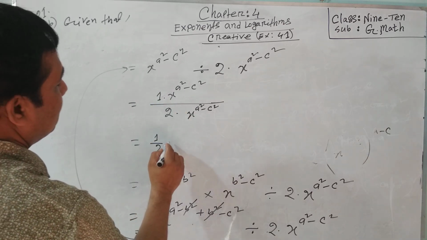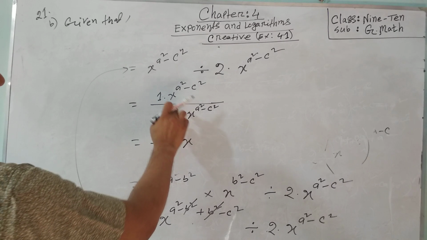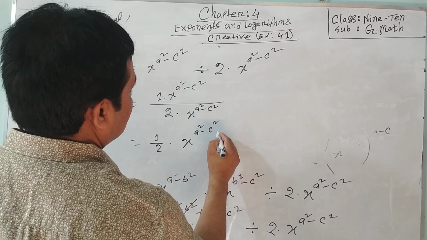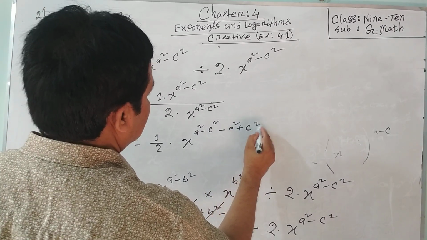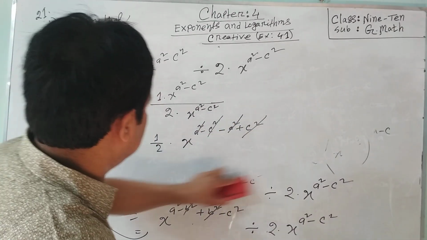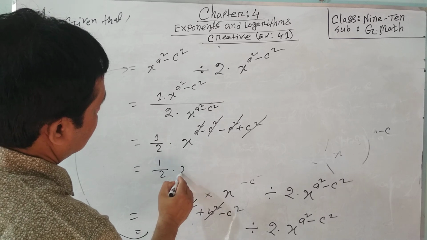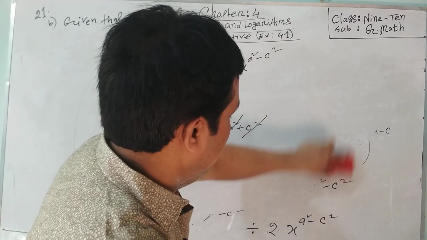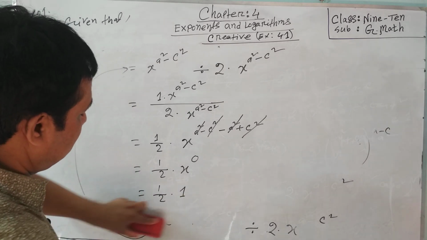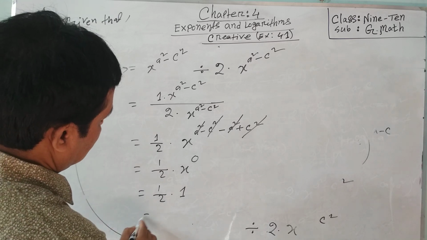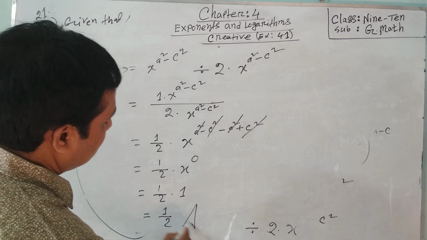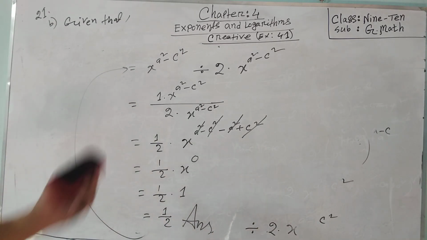So 1 by 2, half, x to the power, in the division formula the base is the same, the power will be subtracted: a square minus c square minus a square plus c square, plus c square minus c square minus a square plus a square, delete. So half into x to the power 0, half into x to the power 0 means 1. Equals half. These are the required results. Write down very quick.